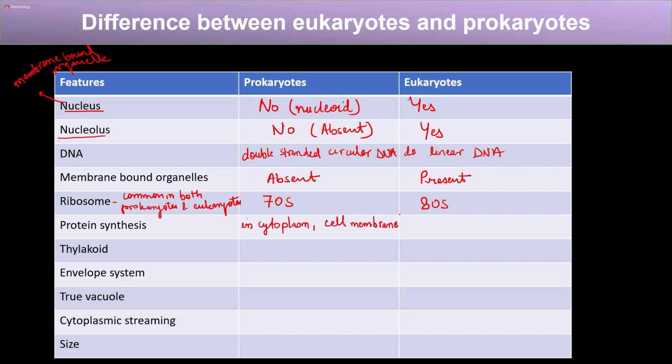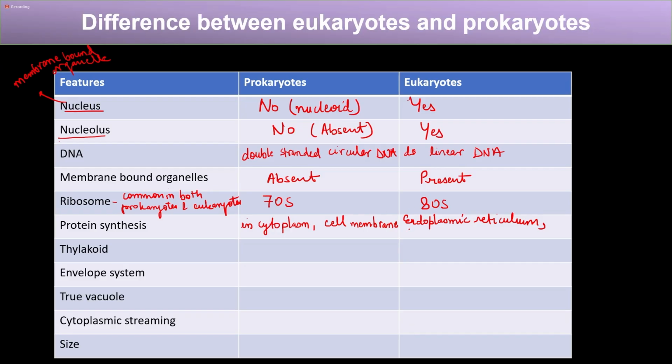However, in the case of eukaryotes, protein synthesis takes place on the ER, endoplasmic reticulum. Apart from this, if you remember the first lecture, the ribosome is also present in certain organelles in eukaryotic cells, and this ribosome is responsible for protein synthesis.